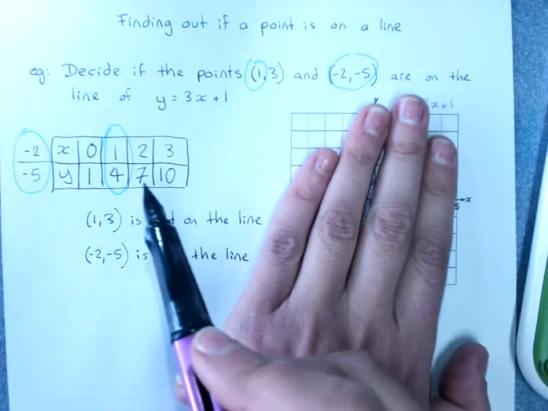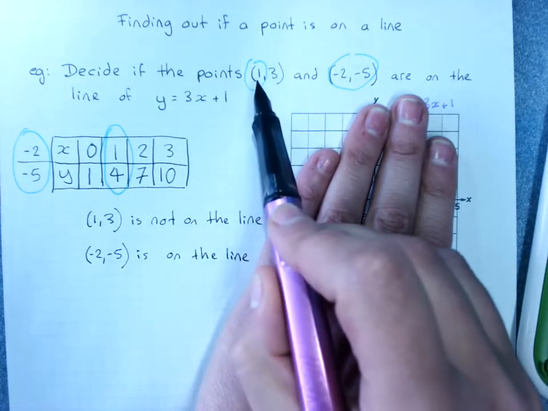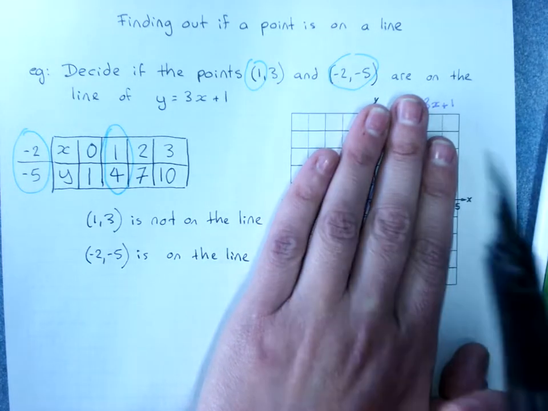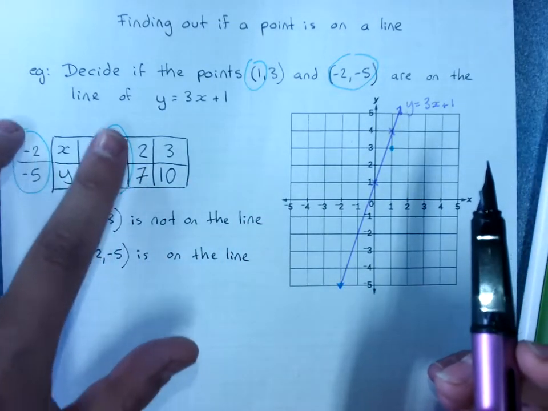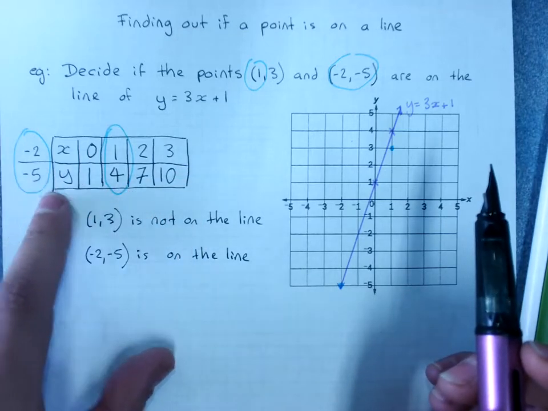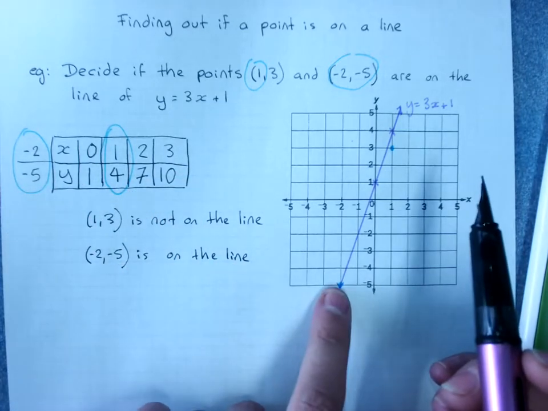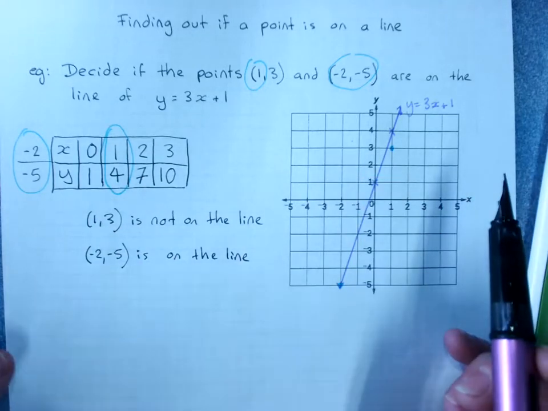The table of values tells you everything you need to know, but you would have to make sure that the x value from each of the points was in your table of values. Circle it. If it's the correct point, like this one, it's on the line. If it's an incorrect point, like this one, it's not on the line.